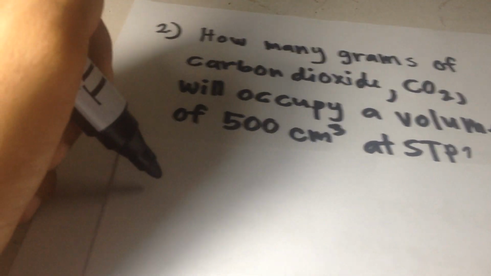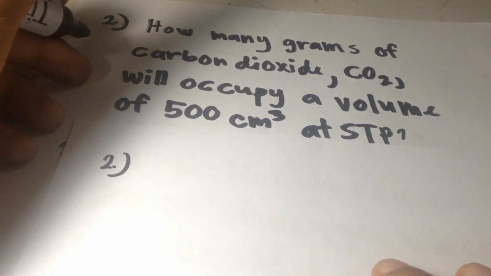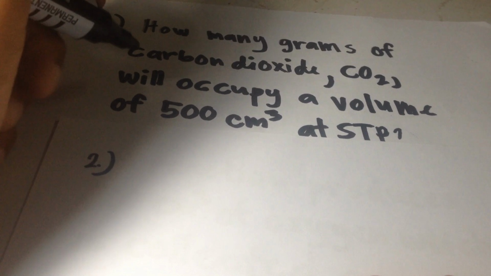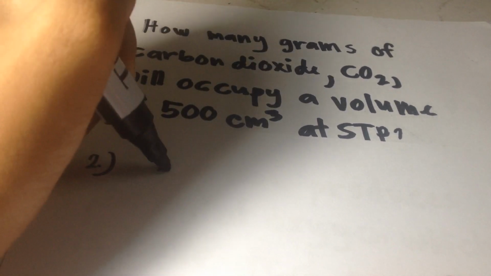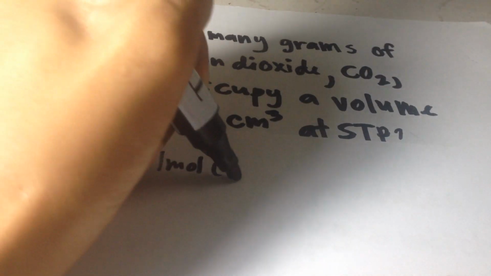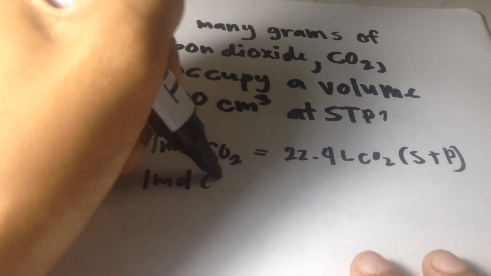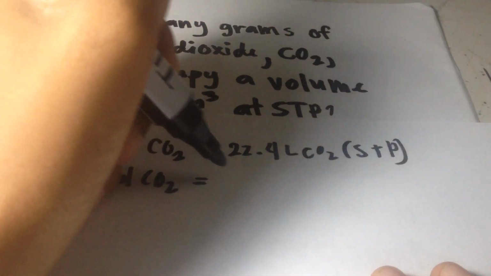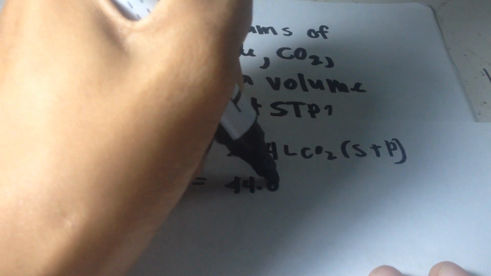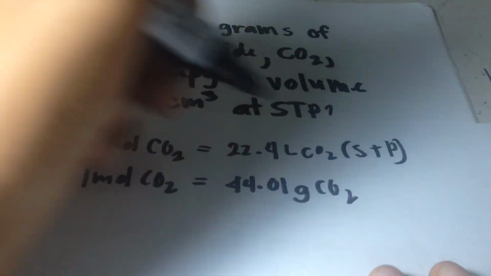Number 2, you write here, we need to write the ratio first: 1 mole of carbon dioxide is equal to 22.4 liters of carbon dioxide at STP, and 1 mole of carbon dioxide is equal to 44.01 grams of carbon dioxide.